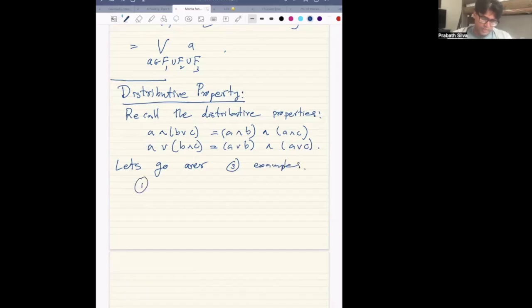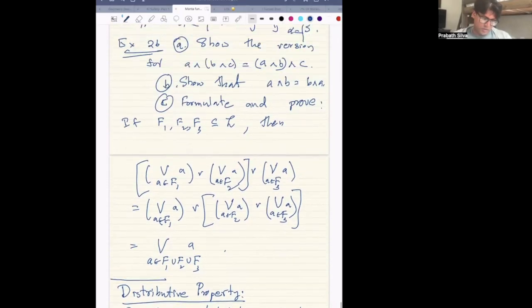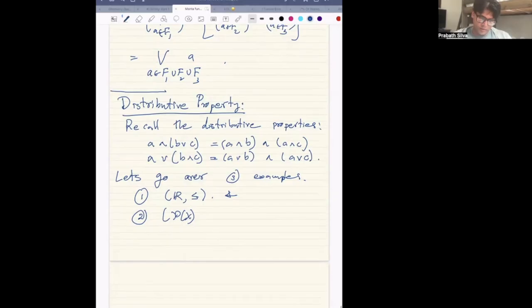The first one is, let's say, real numbers with less than or equal. See if it holds. The next one is the power set of X, we call this example 27.